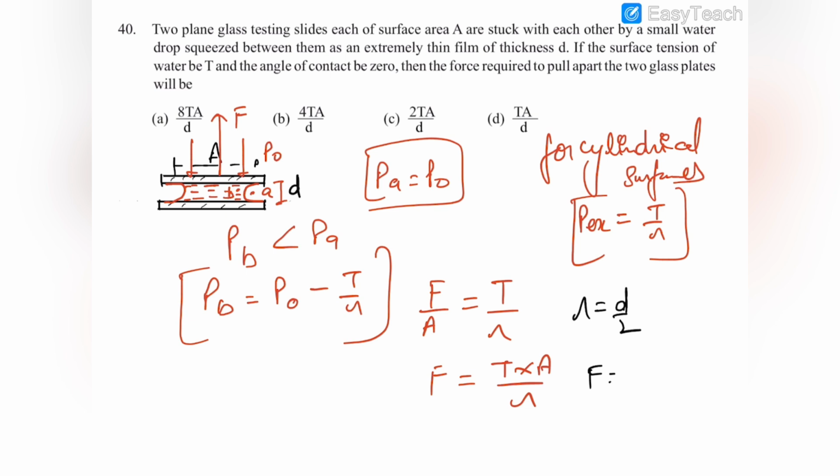So F would be equal to 2TA by D. So the correct option would be option number C. Now we move on to the next question.